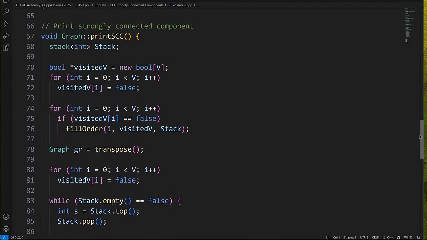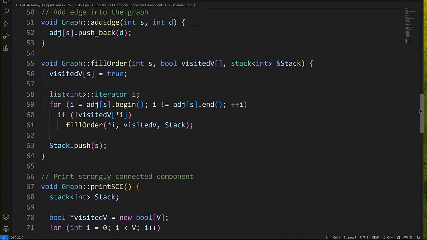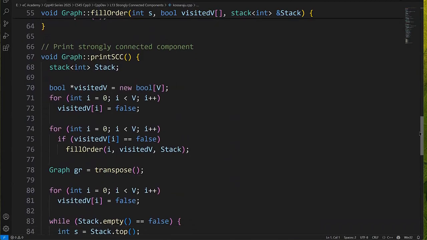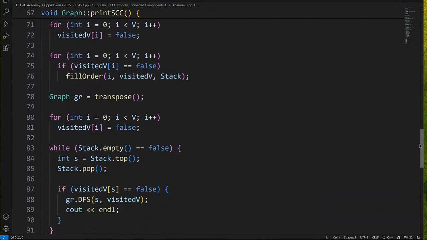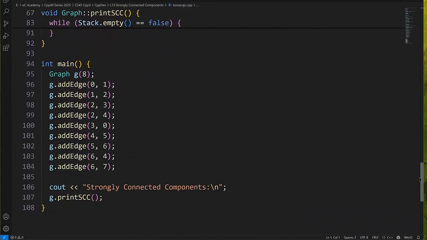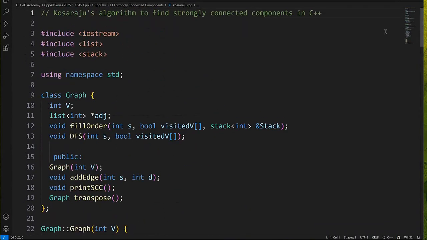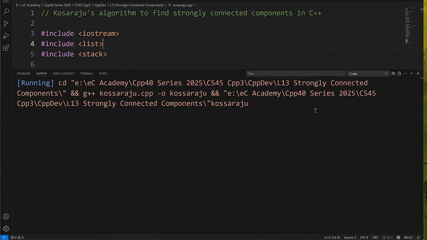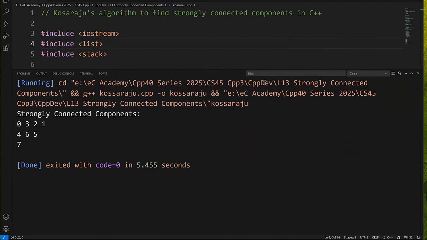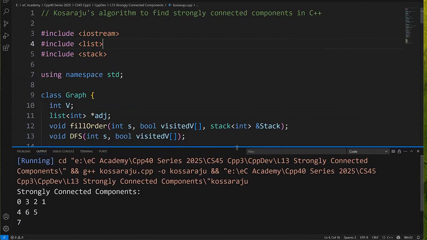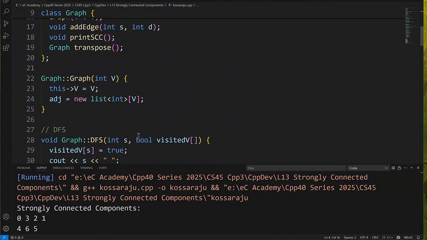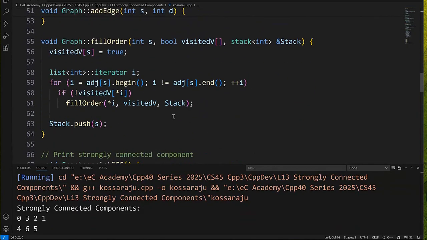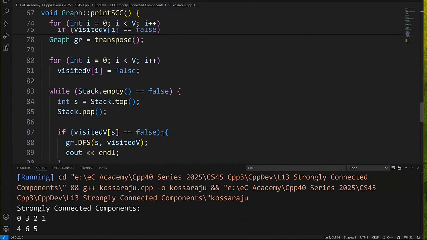Let's see. You call the fill order, and then it will need to pop out. Okay, that's wrong. So this CL, when you do it, will basically change line.